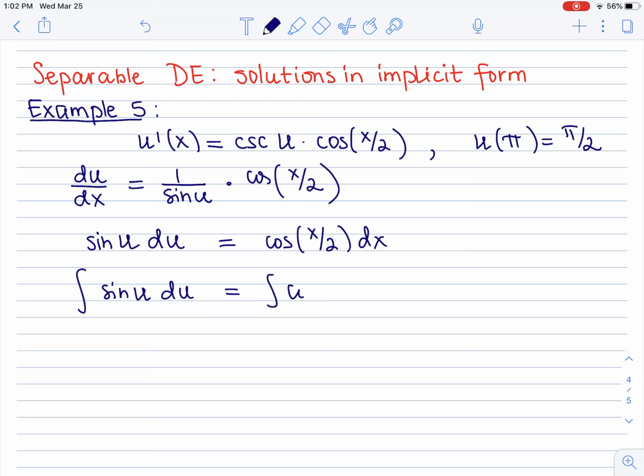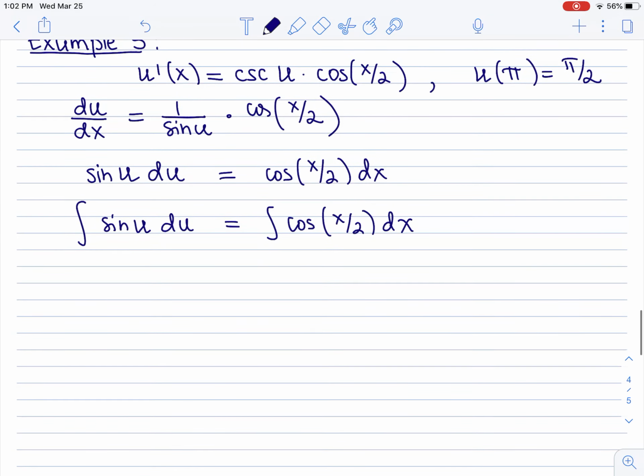This is nothing new; we have done problems similar to this. We have sine of u and cosine of x over 2, so these are straightforward antiderivatives. The first one is negative cosine of u, and what do we get here?